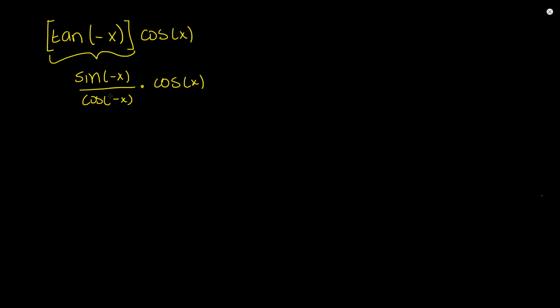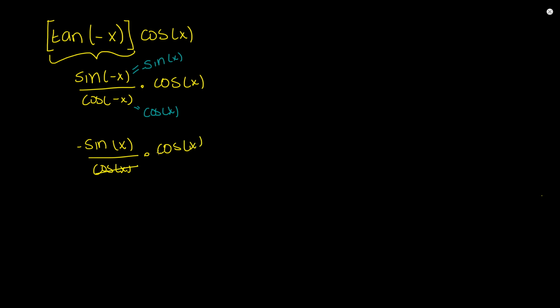Well, we're still in the same situation. Nothing has really changed except for the tangent. But remembering my identities here, this is actually equal to sine of x with a negative in front. And this one's equal to cosine of x, because these two are the odd-even identities. So now we're looking at negative sine of x over cosine of x times cosine of x.